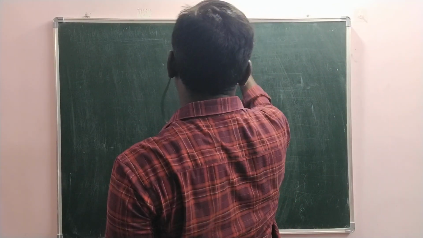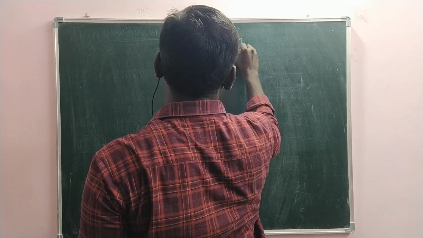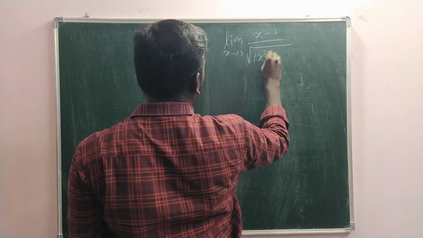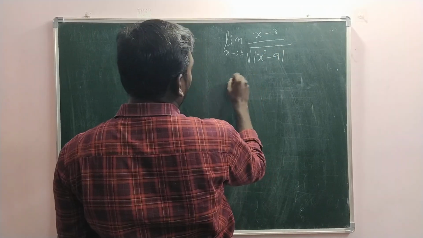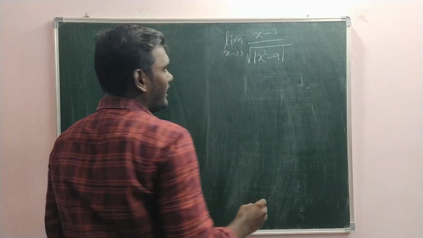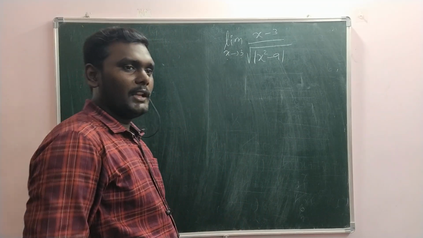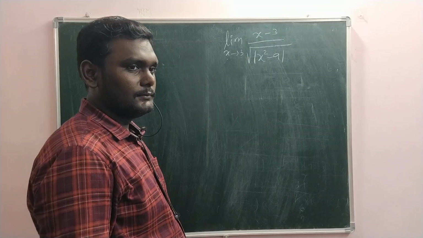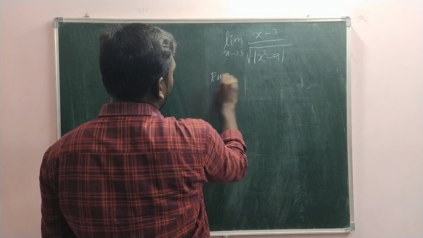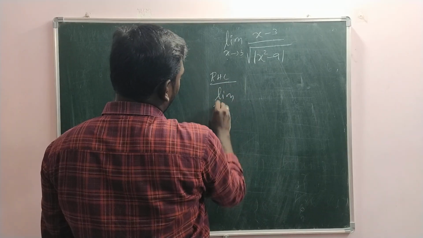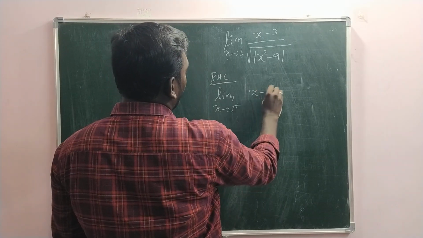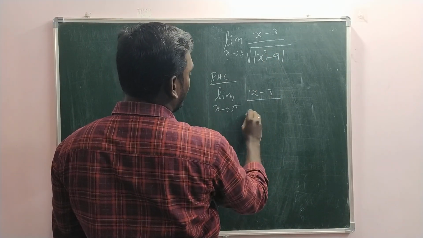See, limit x tends to 3, x minus 3 by square root of mod of x square minus 9. So, mod of x square minus 9, x is approaching 3. So left limit, right limit we should calculate. What is left limit, right limit? RHL. Limit x tends to 3 plus, that is x minus 3 by, this will be positive, right?